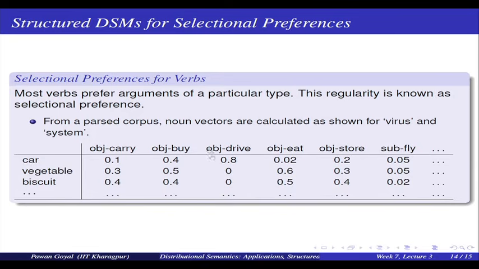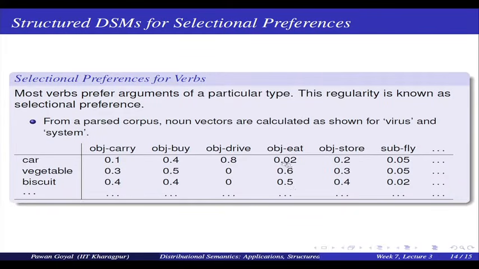So this gives you some sort of representation of what kind of words can come as the object of the verb buy, what kind of words will come as the object of the verb drive and so on. But suppose you want to build a prototype, that is, in general what kind of words can come as the object of the verb eat.